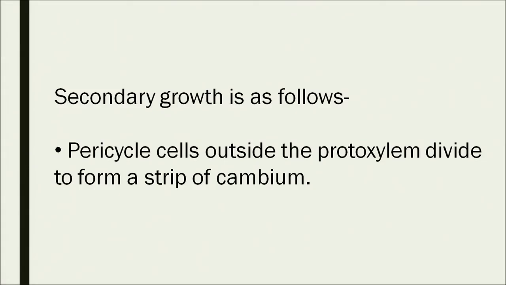that secondary growth is supported when the pericycle cells, which we had shown you in the figure, outside the protoxylem, divide and form a strip of cambium. Cambium means the cells having the ability to divide, they are meristematic.